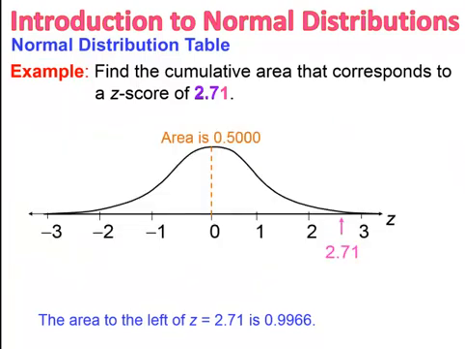So I just want you to notice, based on the properties of a standard normal distribution, where that 2.71 would lie on that curve, on that z-axis. And you see it's very close to 3. So we would think that if it's very close to 3, probability is going to be very close to 1.